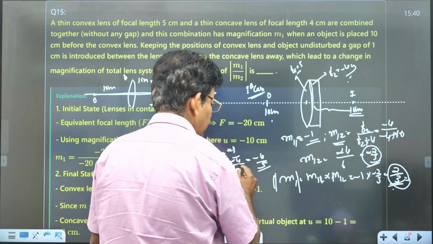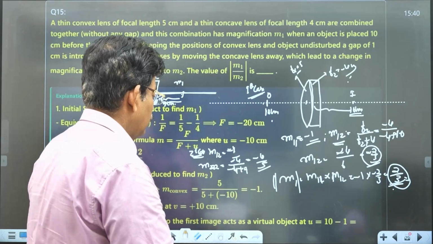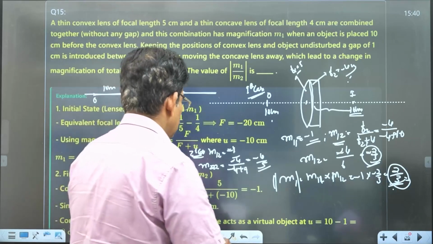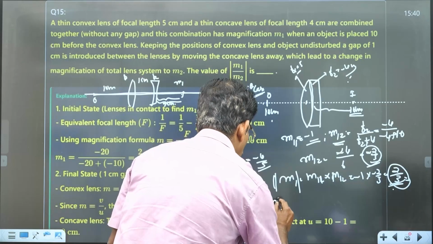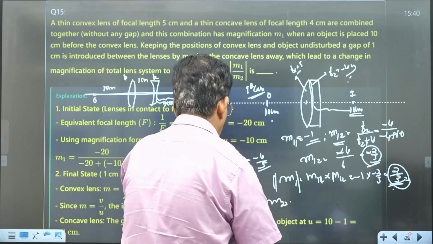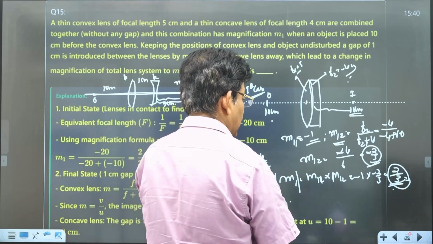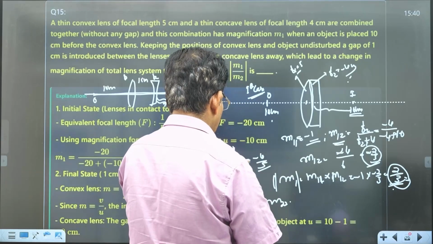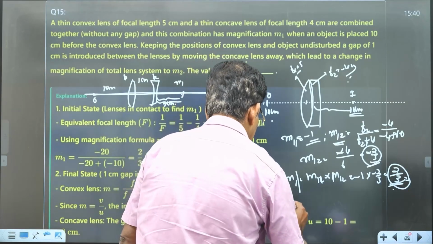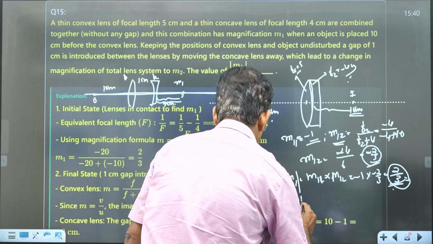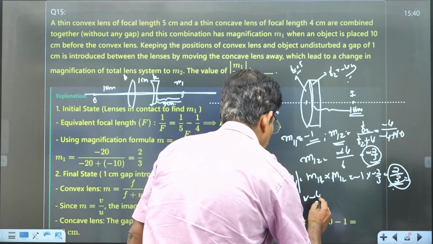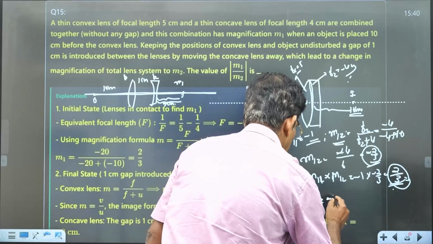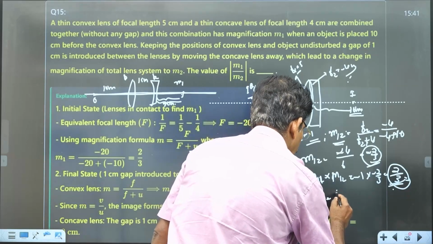Yes. Then the combination's focal length in the second case, minus 4 divided by minus 4 plus 9, that comes to be 5 minus 4 by 9. Then M22 will be minus 1 into minus 4 by 5, that comes to be 4 by 5.